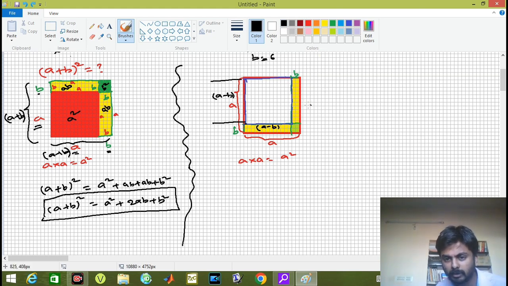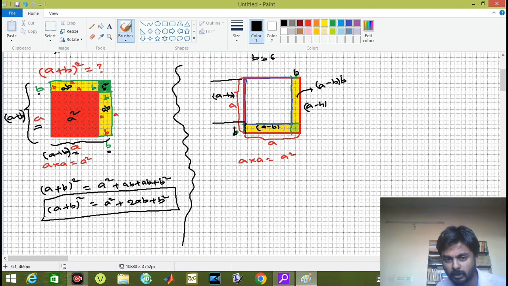So this rectangle has the area (a minus b) into b. Here you have length b and breadth a minus b. In this one you have length a minus b and breadth b. So this rectangle will have (a minus b) into b, length into breadth.